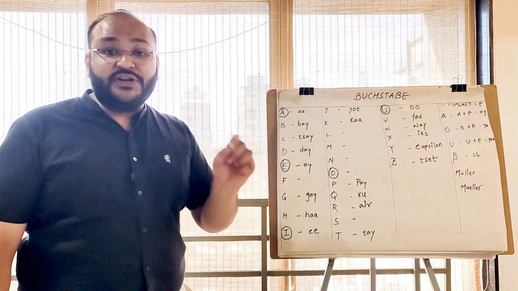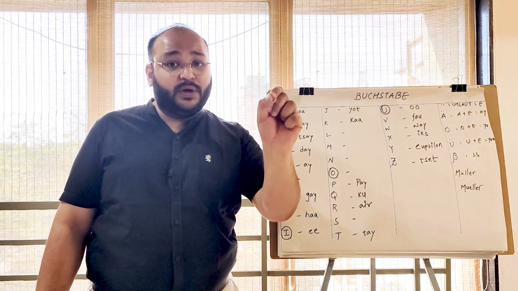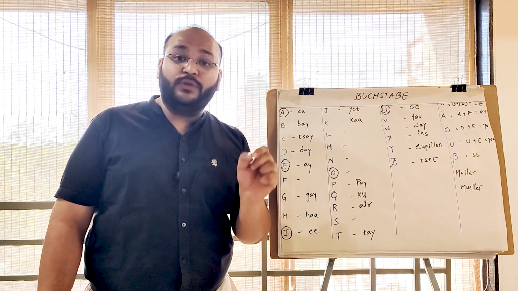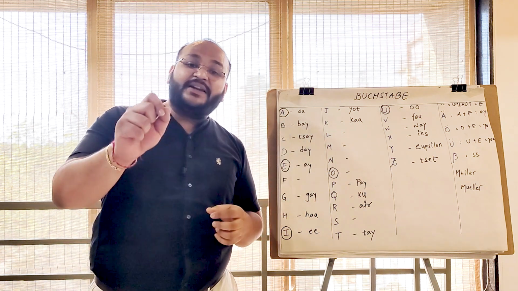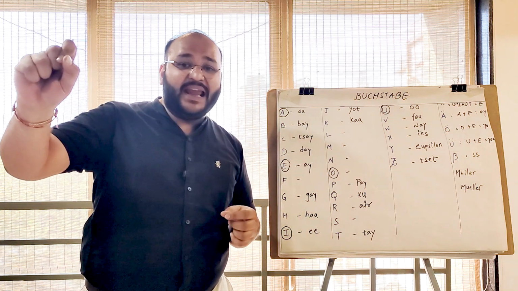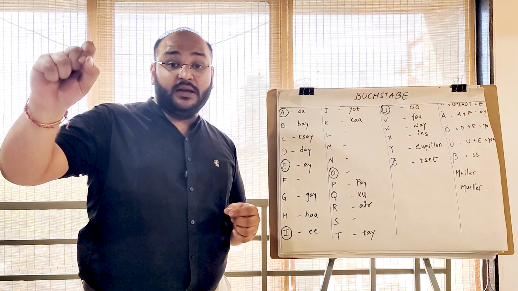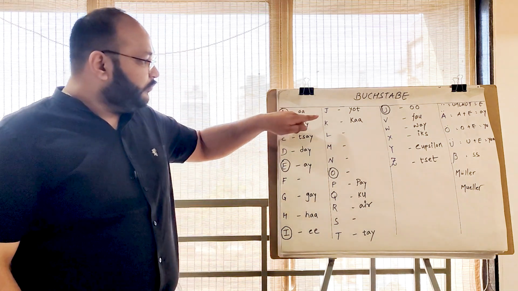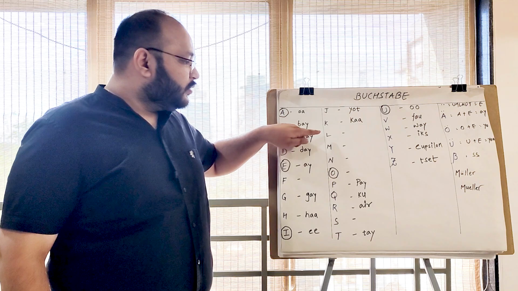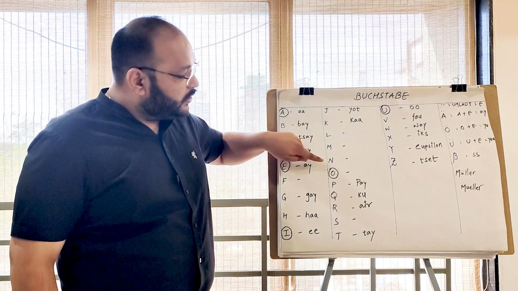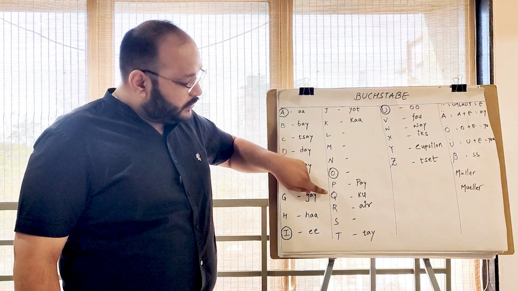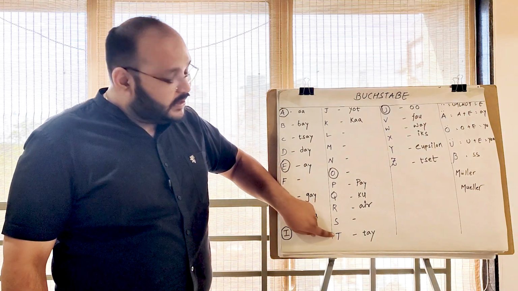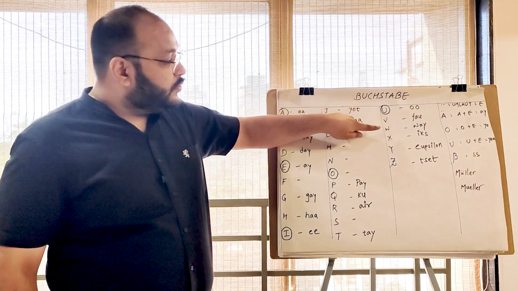So this is Y. In German, in whatever word you see J, you have to assume that there is Y and not J. So if there is a German word written J-A, it is pronounced as Ya and not Ja. So Y, K, L, M, N, O, P, Q, R, S, T, U.